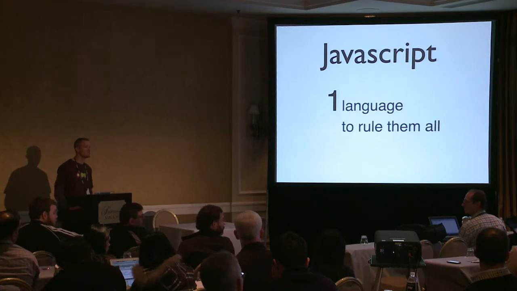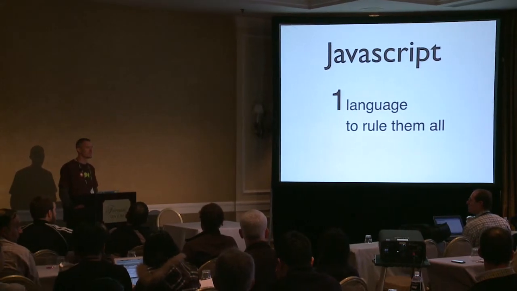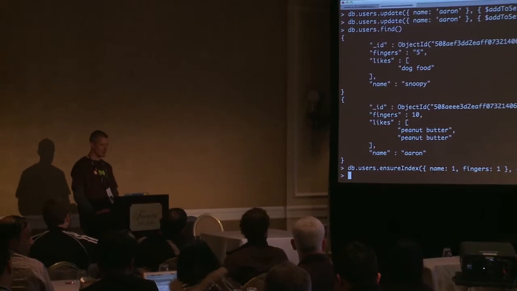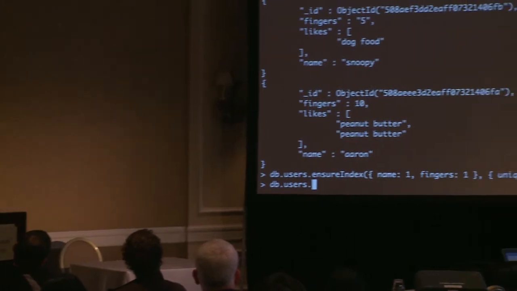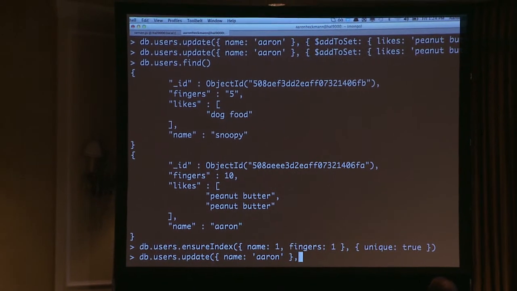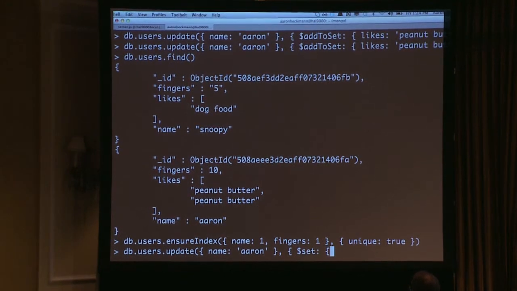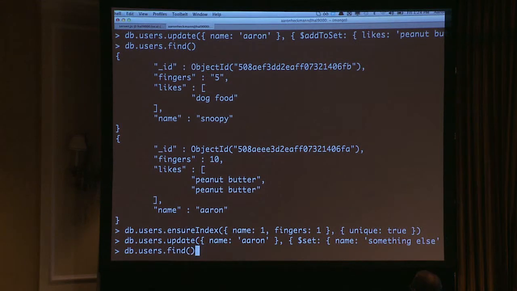Okay. So if you want to update the name and find with the name itself, I'm going to go back to the shell. If I want to update the name, finding with the name, so I'm going to change my name. What does that look like? That's the question? Okay, so set name to something else.